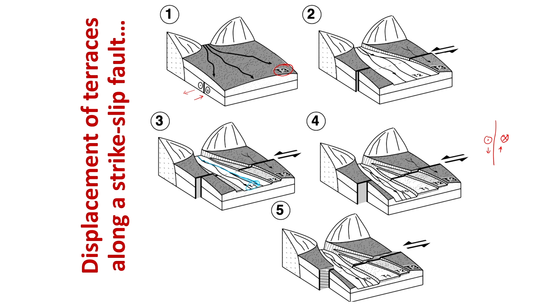Okay. So, this is the younger surface, older and oldest, like that. Okay. So, over time, as this fault has hosted multiple earthquakes, you will see multiple terrace risers are also displaced, and terrace risers are nothing but the erosional escarpments or erosional scarps that develop because of the channel incision and the process of terrace formation.